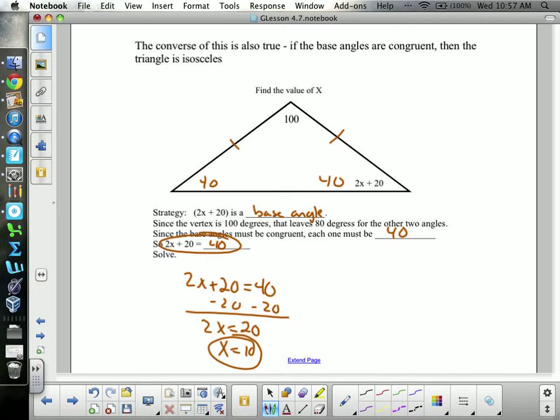For 100 and 100, that'd be over 200. I can't have a negative 20-degree vertex. That wouldn't even make sense. So the base angles have to be acute. The vertex angle does not have to be acute. Case in point right there. So isosceles triangles can be right, acute, or obtuse. They can be any of the three.